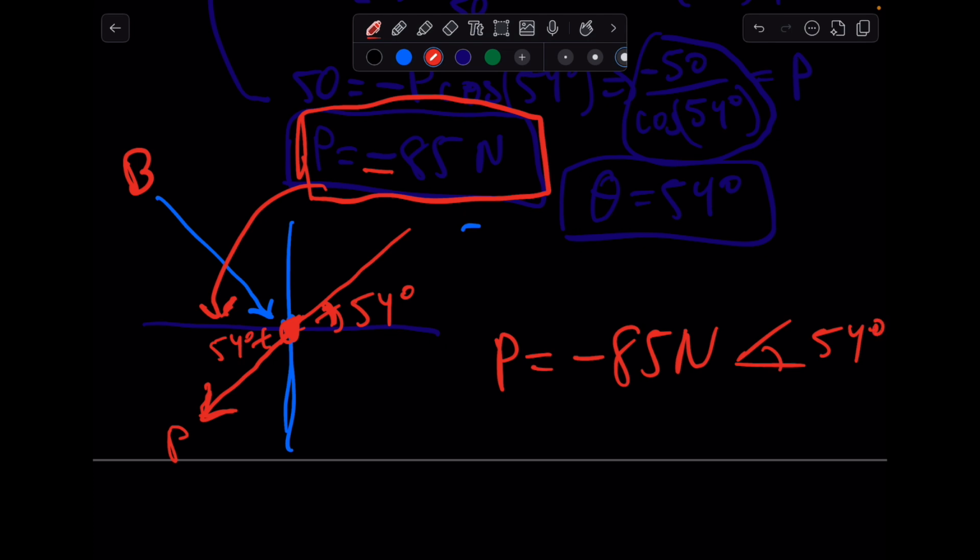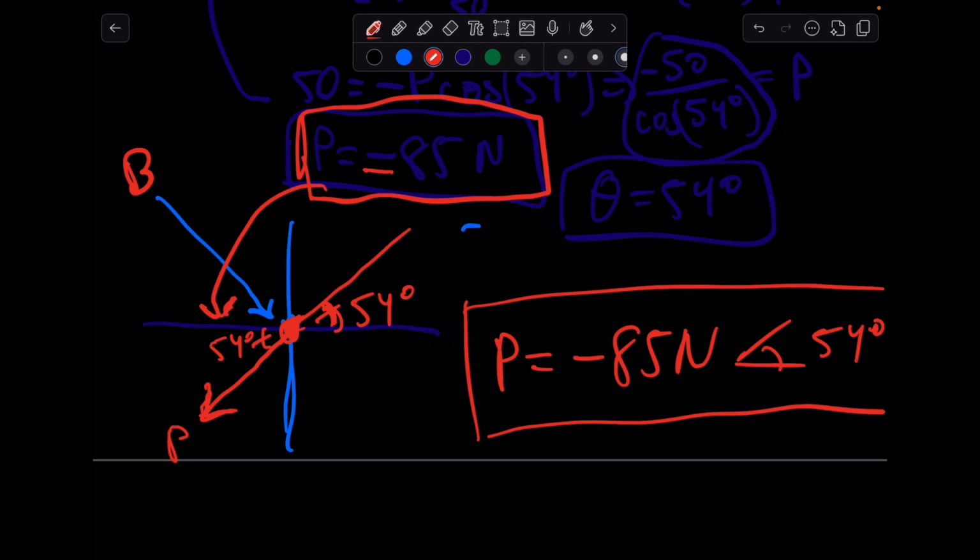I just wanted you guys to understand what the negative sign meant in our answer. I want you to really understand it, because if not, you guys are going to get lost maybe. It's not pointing this way because that would be positive. This is 54.